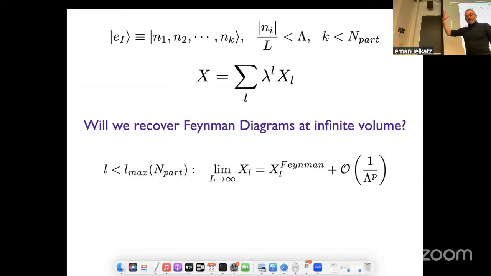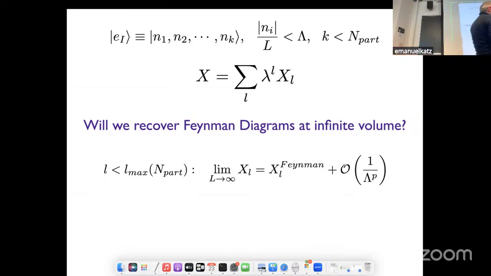It's also broken by the UV cutoff. But as we take the volume to infinity, let's say we truncate to, I don't know, 90 particles, and we're trying to recover the one loop Feynman diagram. So with 90 particles, we take the volume to infinity with some finite UV cutoff. Do we in fact recover Feynman diagrams as the volume goes to infinity?